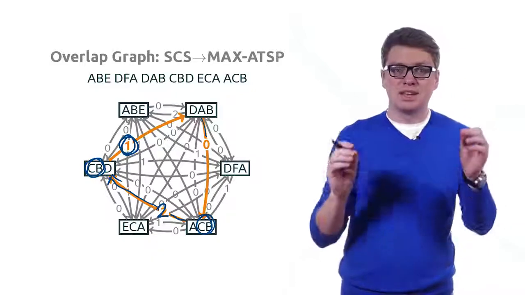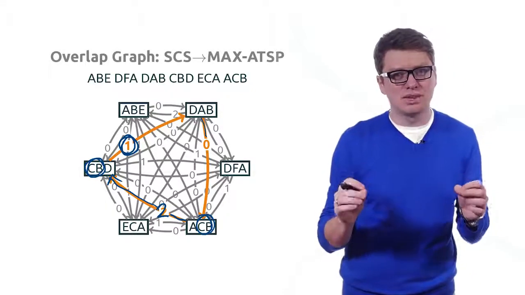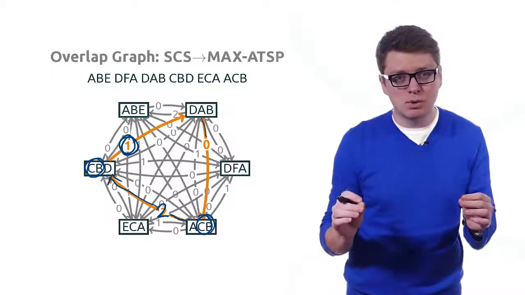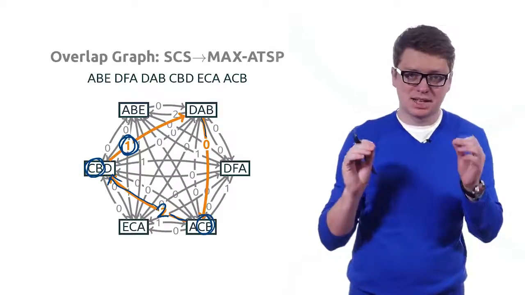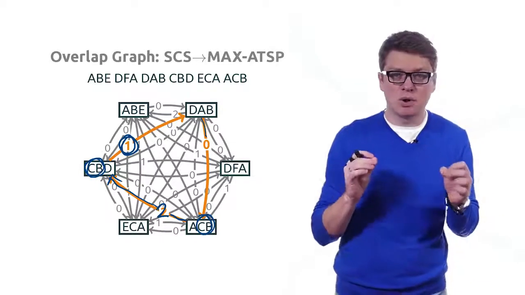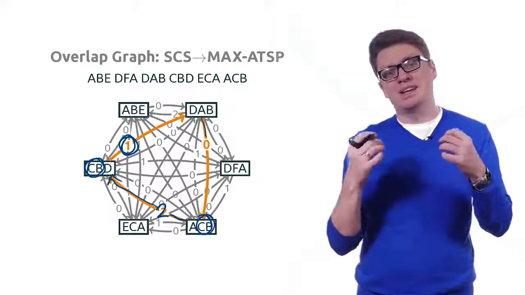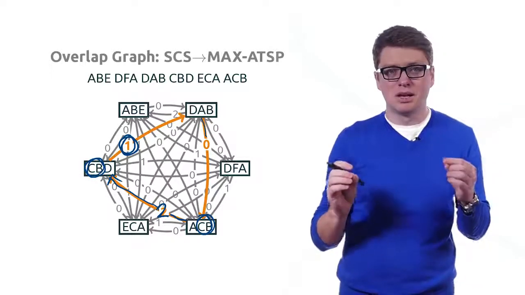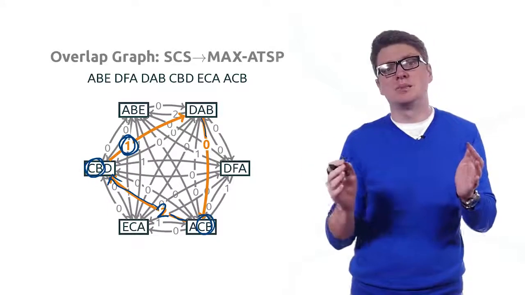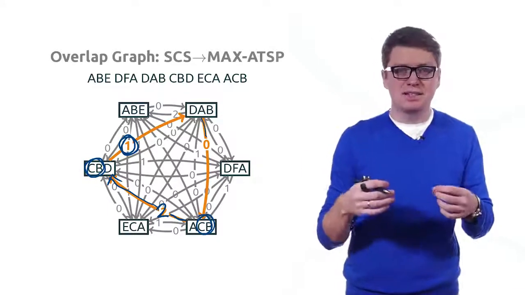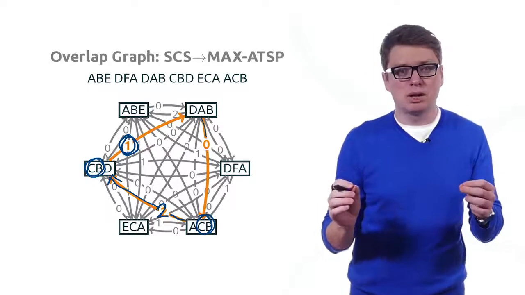This gives us a directed graph, and what we would like to find in this graph is a path of maximum total weight. So instead of minimum total weight as in the classical version of the Traveling Salesman problem, we are looking for a maximum, because the overlap actually tells us how many symbols we can save, right? And we would like to save as many symbols as possible. So instead of finding the minimum weight path, we are looking for a maximum weight path.